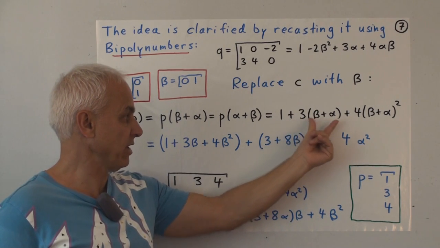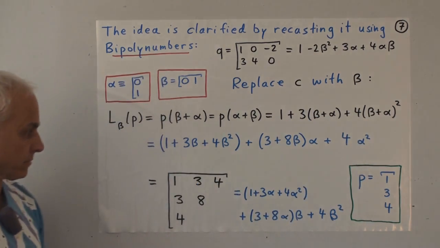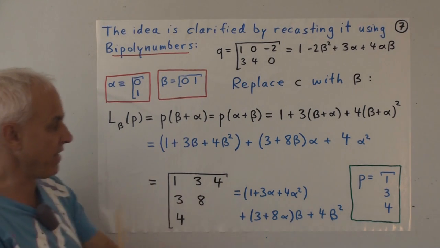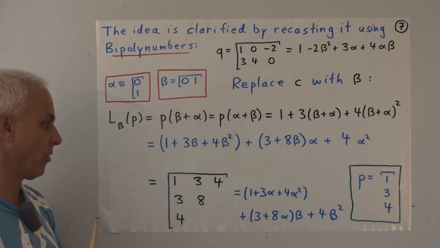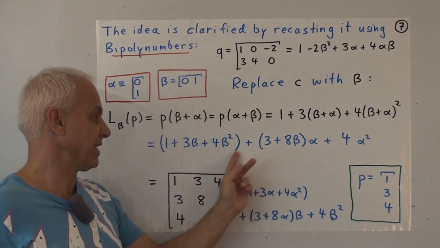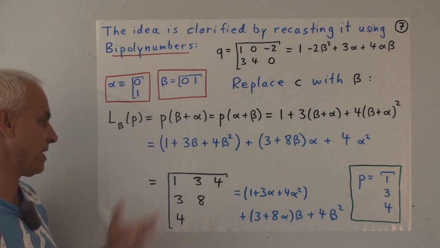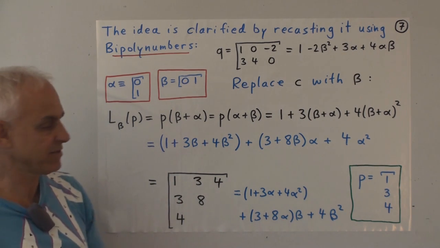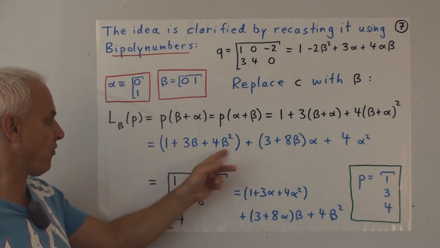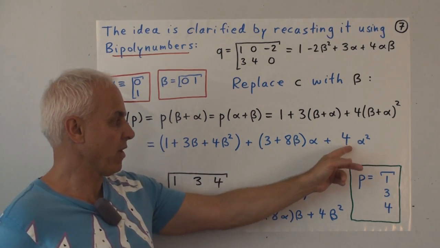So there's 1 plus 3 times beta plus alpha plus 4 times beta plus alpha all squared. And now we can expand that out, and we can collect terms involving the alpha squared, and the things that don't have any alphas in them. And we get the same thing that we did before, except there's betas now instead of c's. So we have 1 plus 3 beta plus 4 beta squared plus 3 plus 8 beta times alpha plus 4 alpha squared.